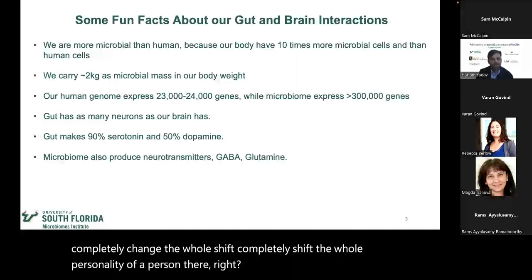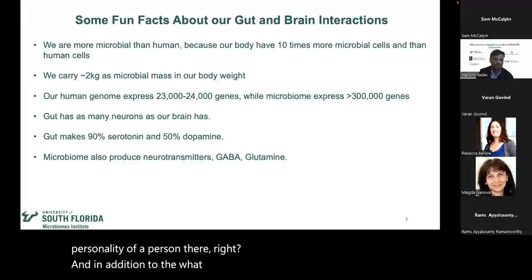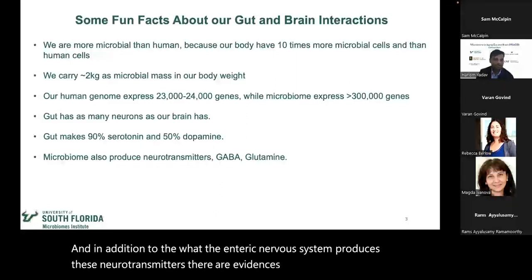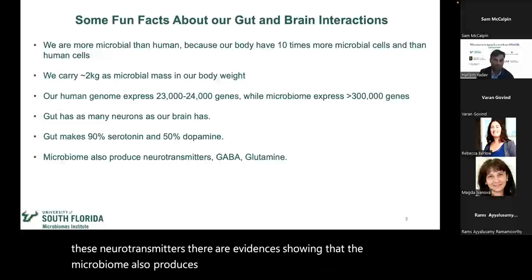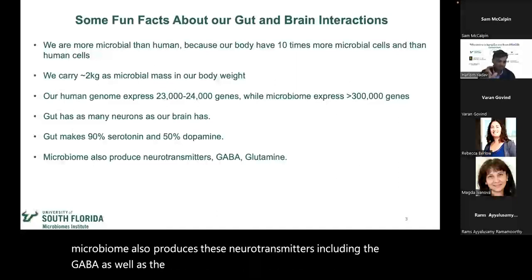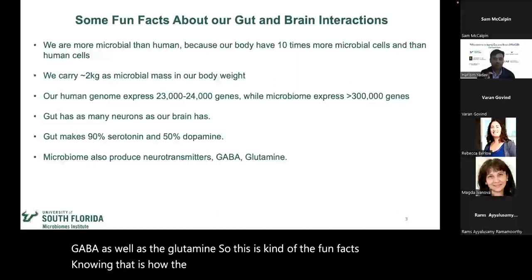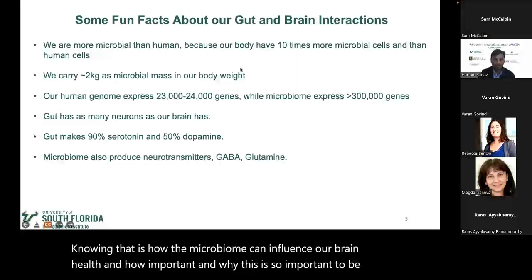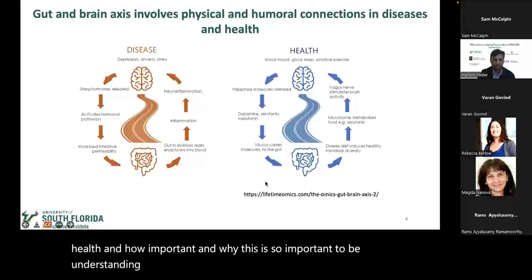In addition to the enteric nervous system producing these neurotransmitters, there is evidence showing that the microbiome also produces neurotransmitters, including GABA as well as glutamine. So these are fun facts, knowing how the microbiome can influence our brain health, and why it is so important to understand this further to maintain better brain health, right?